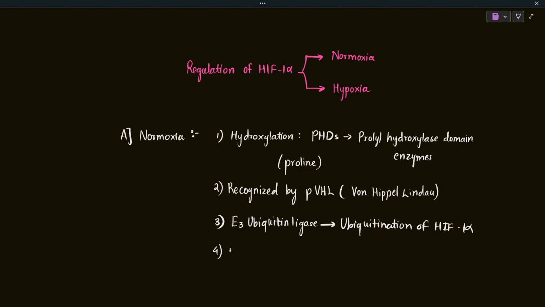As the HIF-1 alpha is degraded, this prevents the accumulation of this factor. And as the HIF-1 alpha is not there, no hypoxia related genes will be activated. So this is what happens under normal conditions.